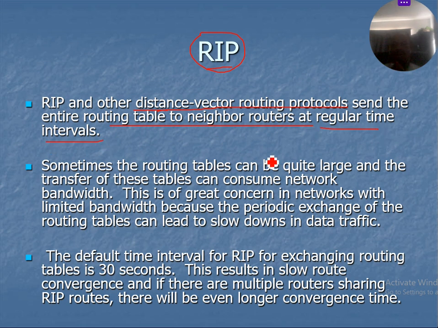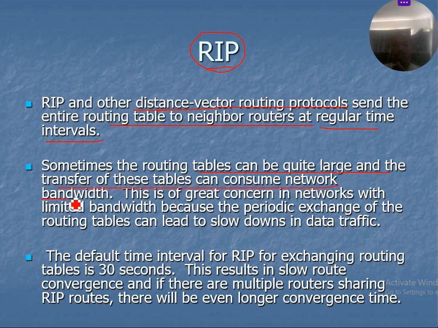We already talked about the problem this kind of arrangement will cause: sometimes the routing tables can be quite large, right? The routing table that is being broadcast to other routers could be quite large, and therefore there will be a lot of issues, as it consumes a lot of network bandwidth.